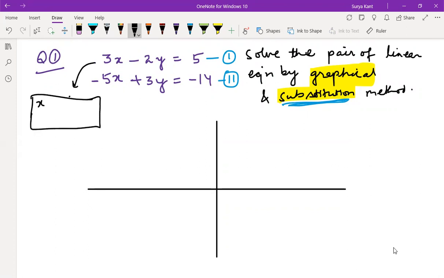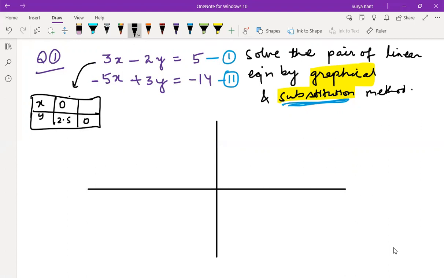Here you will write x, here y. If you put x is equal to 0, what do you get as the value of y? 2.5, right, children? Yes, sir. And if you put y is equal to 0, then you will get x is equal to 5 by 3. Sir, that is 1.6. You will get 1.6.